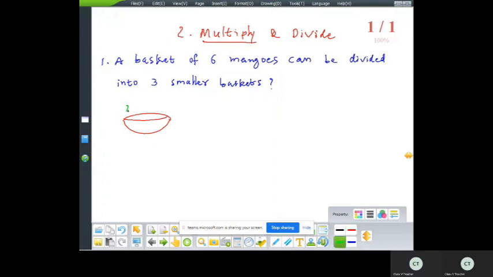There are 6 mangoes. Yes. We have to divide these mangoes into three smaller baskets.